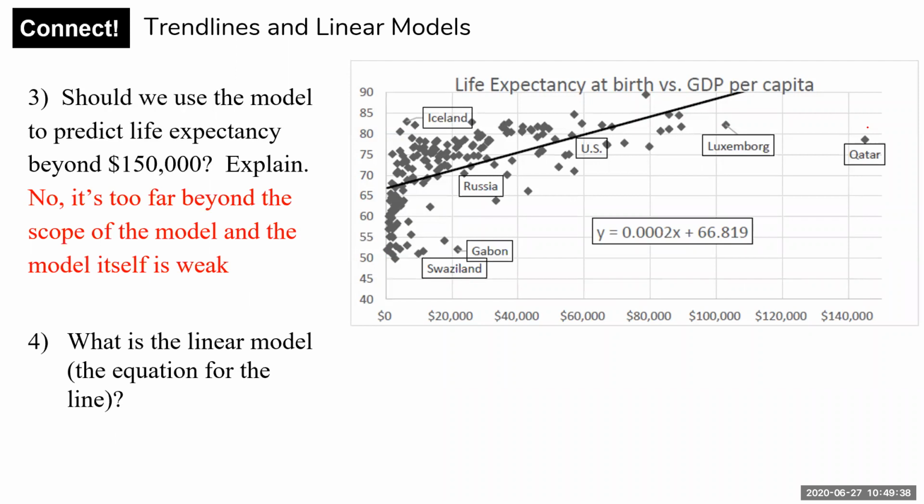Now, what is the linear model, or the equation for the line? That has been given to you as y is equal to 0.002x plus 66.819.